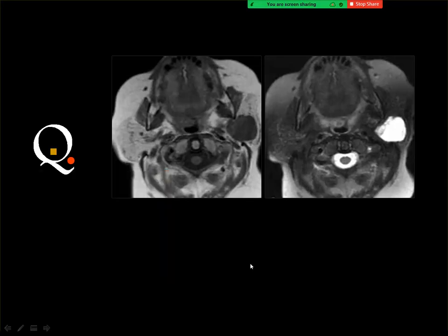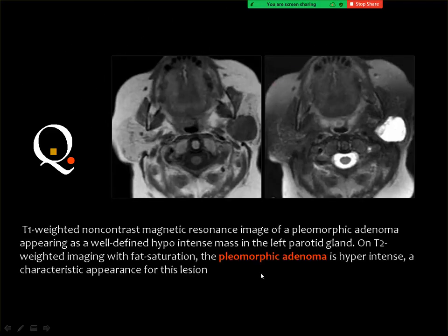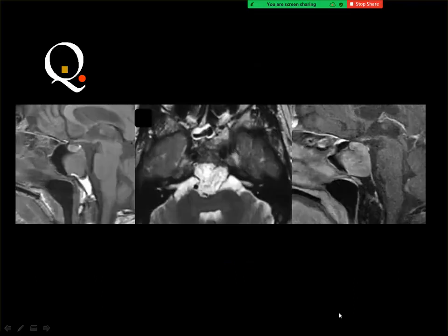Part of the cyst is present inside the parotid gland, and the other part is related to the pharynx. But this is a classic appearance of a pleomorphic adenoma. You see the brightness in the T2 weighted image, which indicates a lot of water inside the lesion, diagnostic of benign etiology.